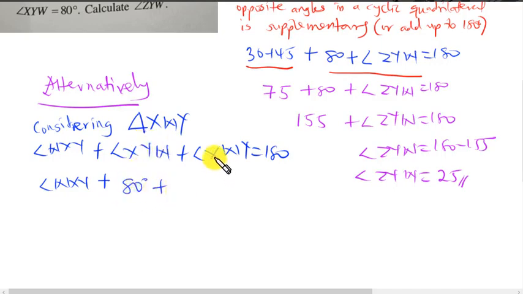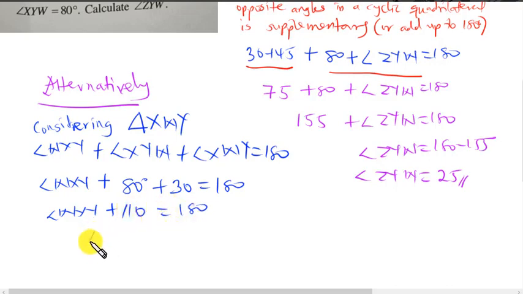And angle XWY, that is the angle at W, I think that is 30 degrees. So if I add 80 to 30, that should give me 110. And then I will subtract 110, angle WXY equals 180 minus 110 degrees, and that should give me what? Is that 70 degrees? Yeah, that should give me 70 degrees.